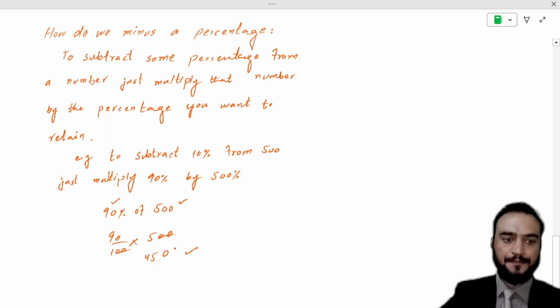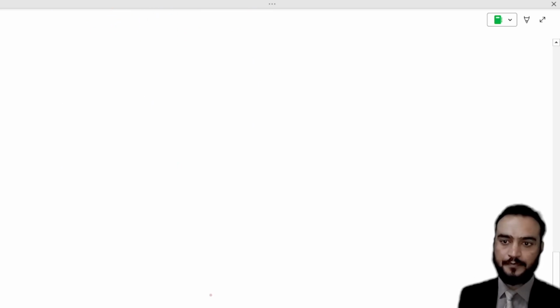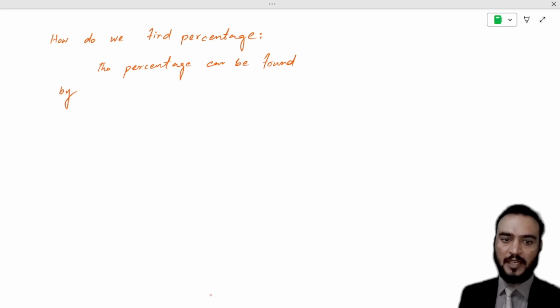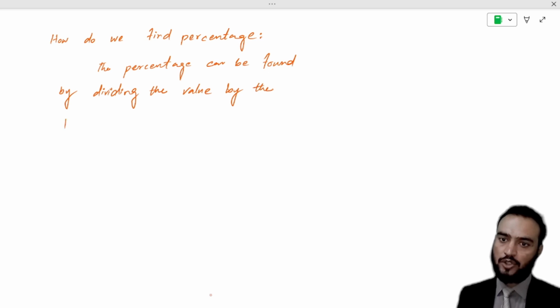So next, how do we find percentage? The percentage can be found by dividing the value by the total value and then multiplying the result by 100.